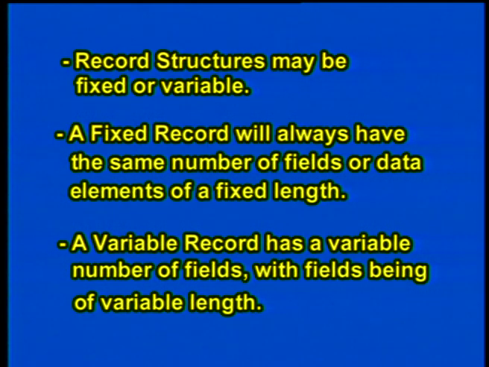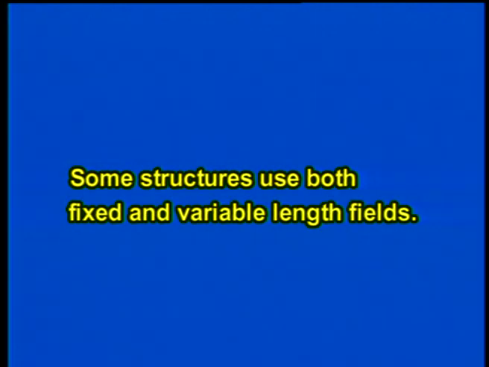That means each record will have a total fixed length and each field will have a fixed length. On the other hand, a variable record can have a variable number of fields, each of these fields being of variable length. There are some structures which use both fixed as well as variable length fields.